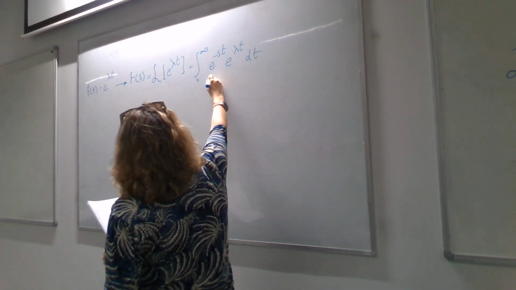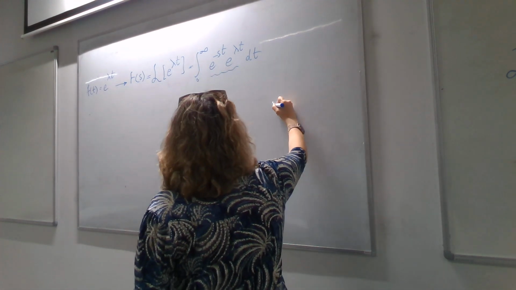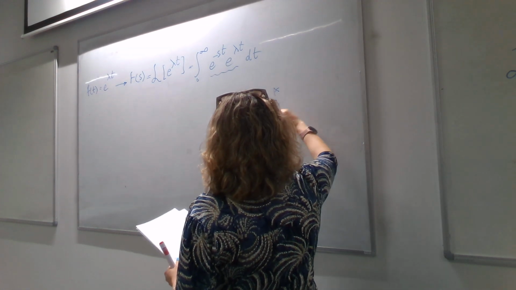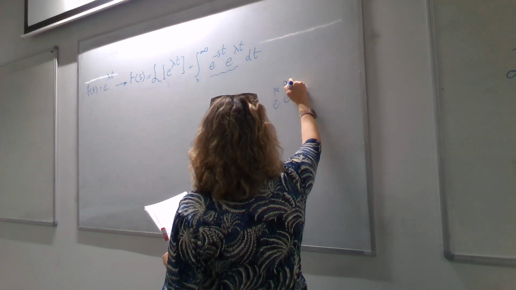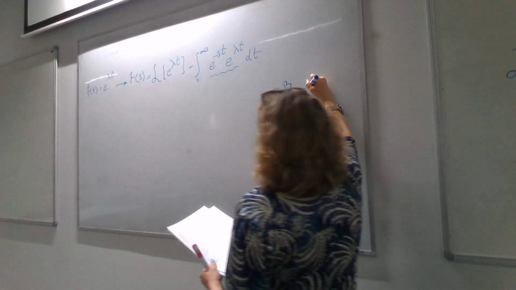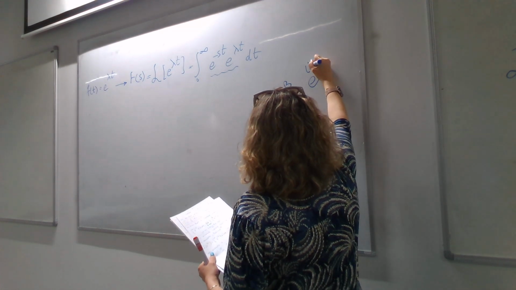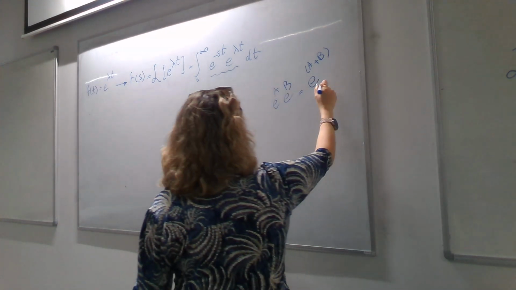So here we have a multiplication of exponentials, and we know from math that whenever we have e to the a multiplied by e to the b, because they are multiplied together, we can write one e, and then we can write a plus b. Does everyone remember that?